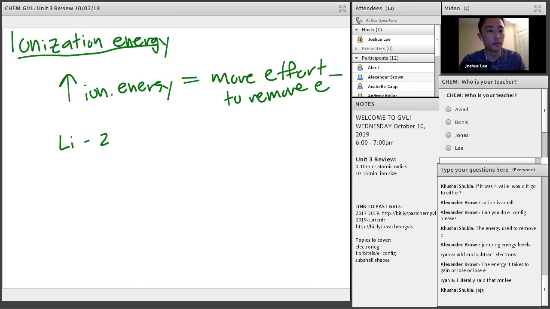So we go back to comparing lithium to francium, 7s.